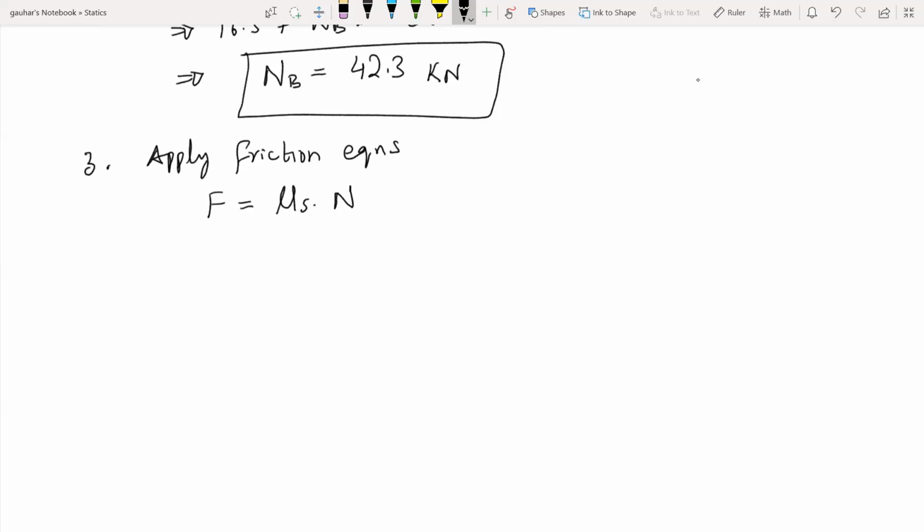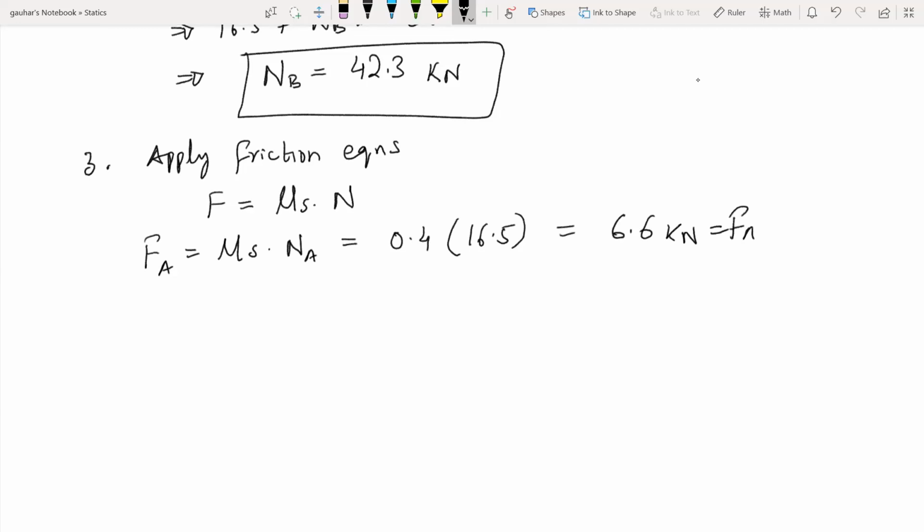Let's apply at point A. So FA equals mu s times NA. Mu s is 0.4 and NA is 16.5 kilonewtons. So we get 6.6 kilonewtons as FA, the friction force at point A.